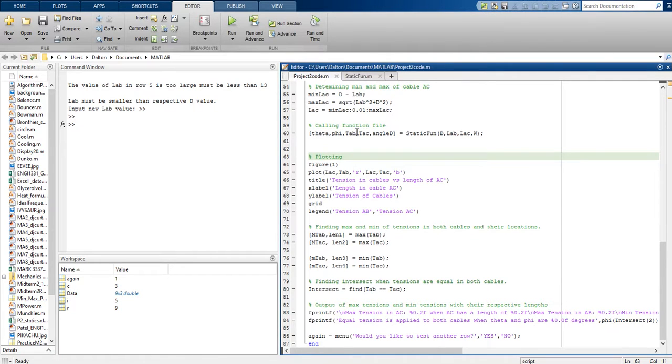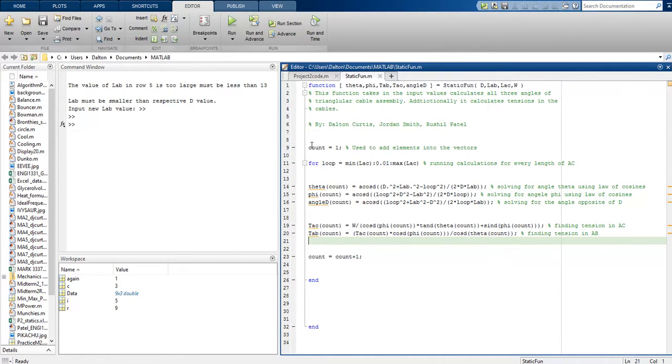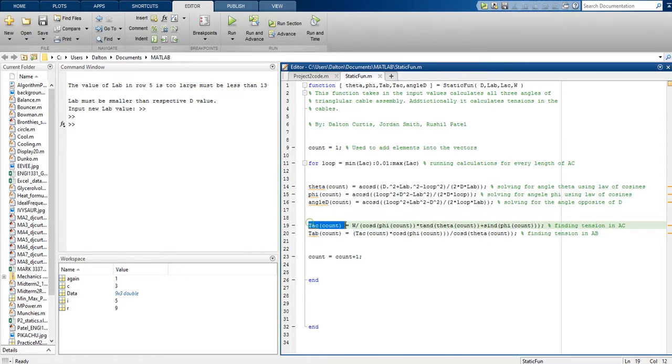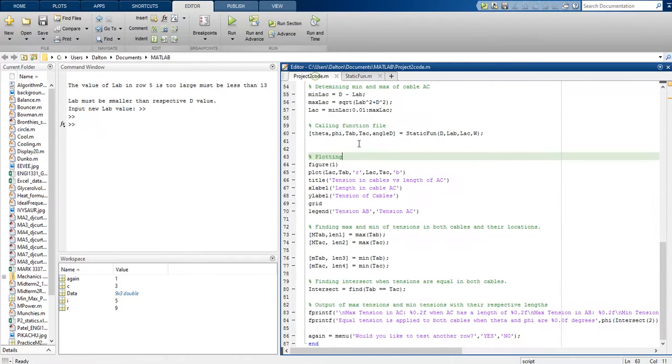So here we have the function file which is being called, which is over here. There's a for loop that runs through the min to the max, and then it solves for the angles here. It solves for theta and the tension in AC and tension in AB using the equations we came up with earlier. Here we have the plotting.